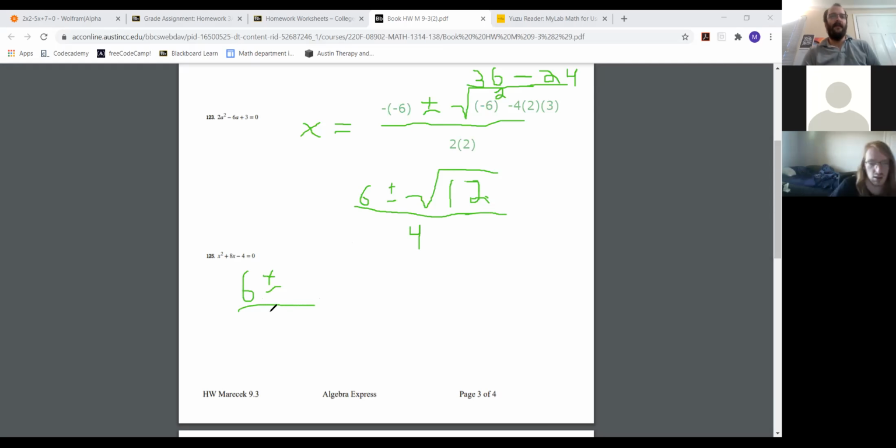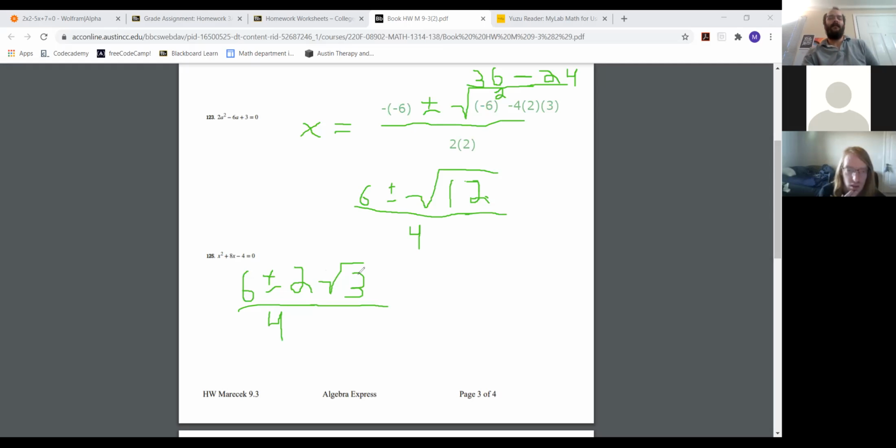So you can simplify radical 12 as what? Root 4 and root 3? Root 4 and root 3. Okay, yeah. Which would give you a 2 on the outside, right? You said it right. That would make the solutions 6 plus 2 root 3 over 4 and 6 minus 2 root 3 over 4.